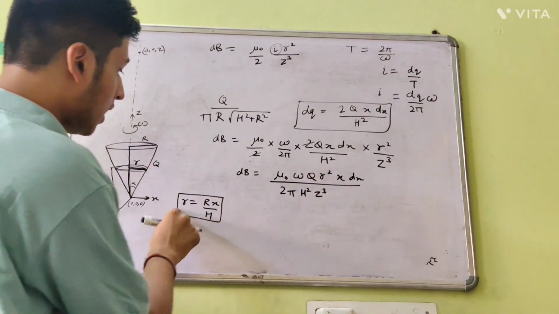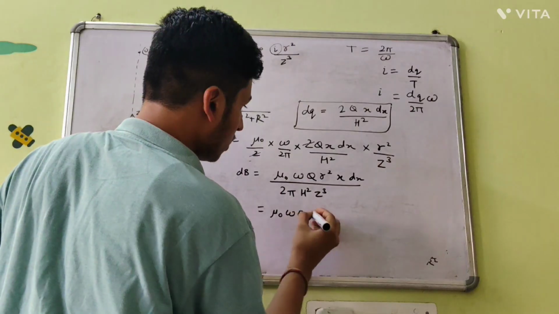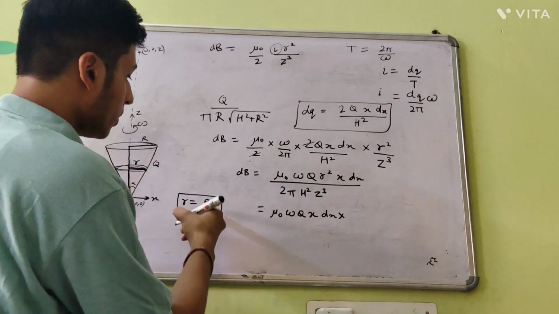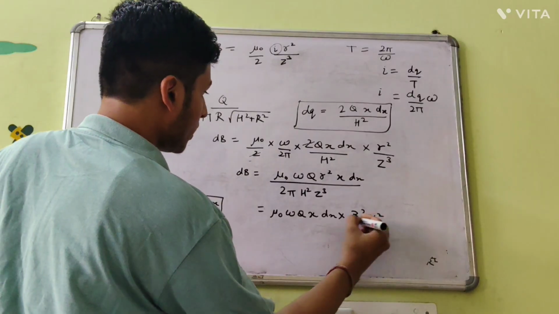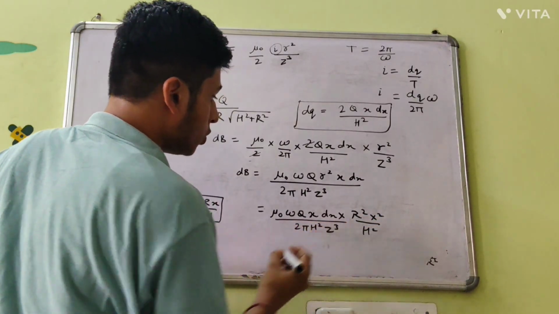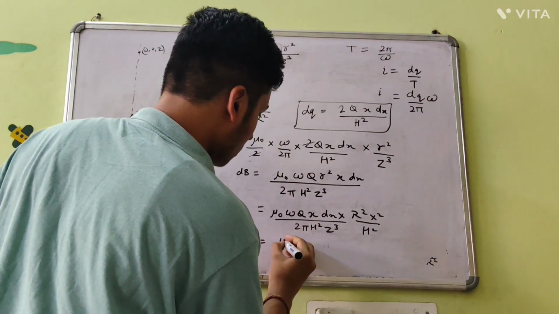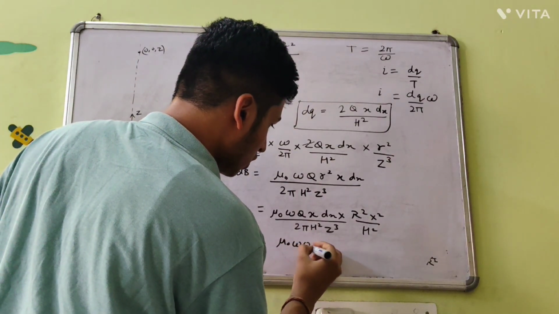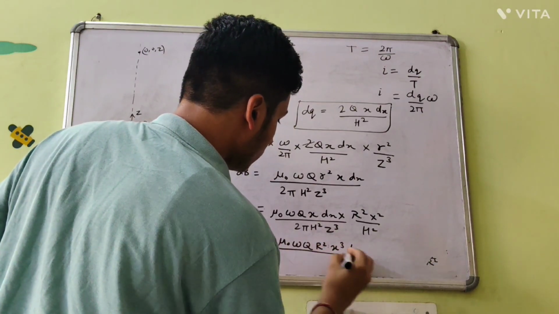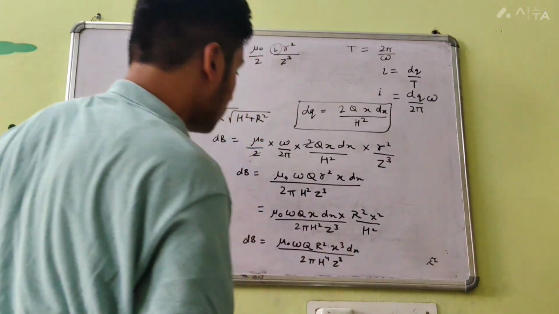Now radius r is Rx by h. So this will be mu naught omega q x dx, r square will be R square x square by h square, over 2 pi h square z cube. So dB equals mu naught omega q R square x cube dx over 2 pi h to the power 4 z cube.